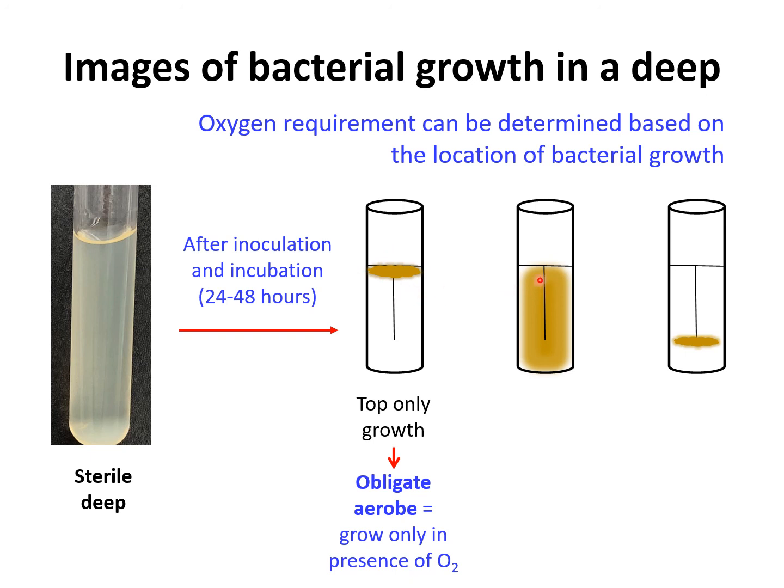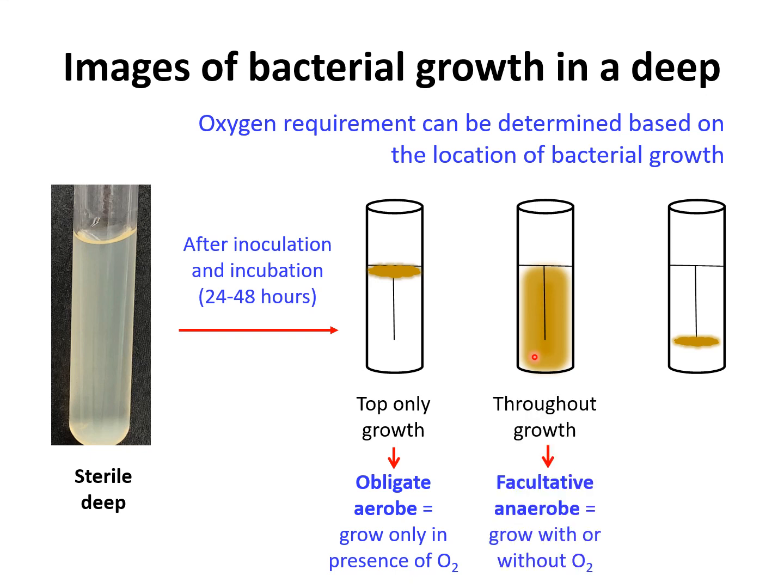Well, what if I see my growth throughout the tube? If you see the growth throughout the tube, that means that your bacteria is what we call facultative anaerobe. Facultative anaerobes are bacteria that can grow with or without oxygen.